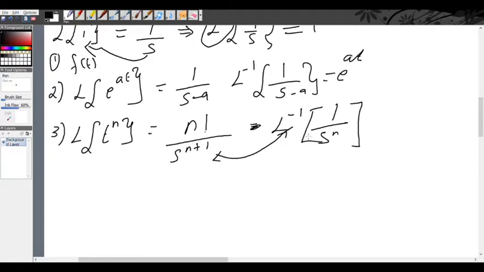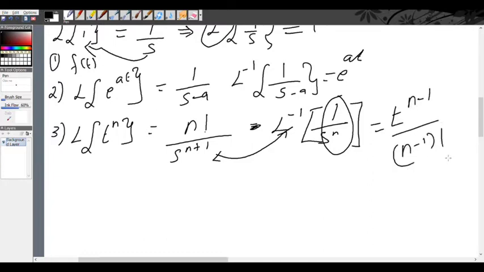We are just taking the L inverse of 1 by s power n, so we won't get back the same thing, because this is different. So here it is t power n minus 1 divided by n minus 1 factorial. This is the formula for the inverse Laplace transform.